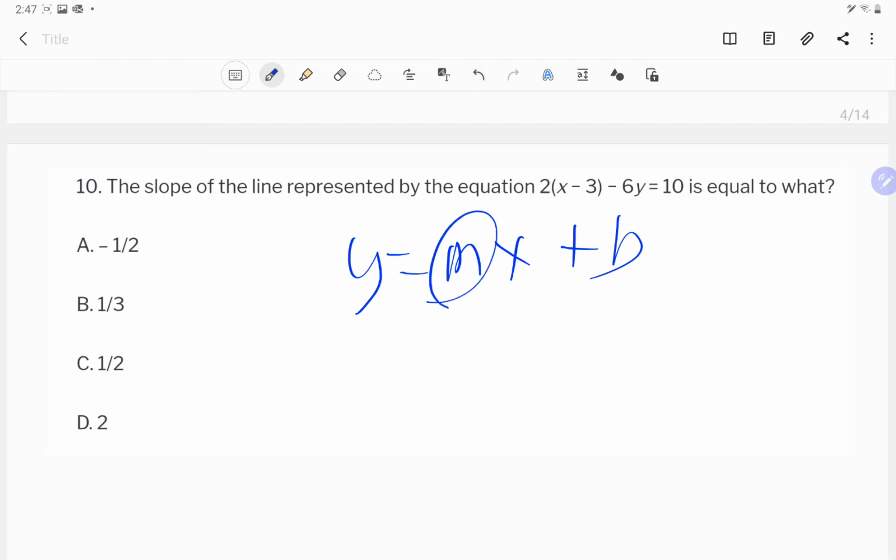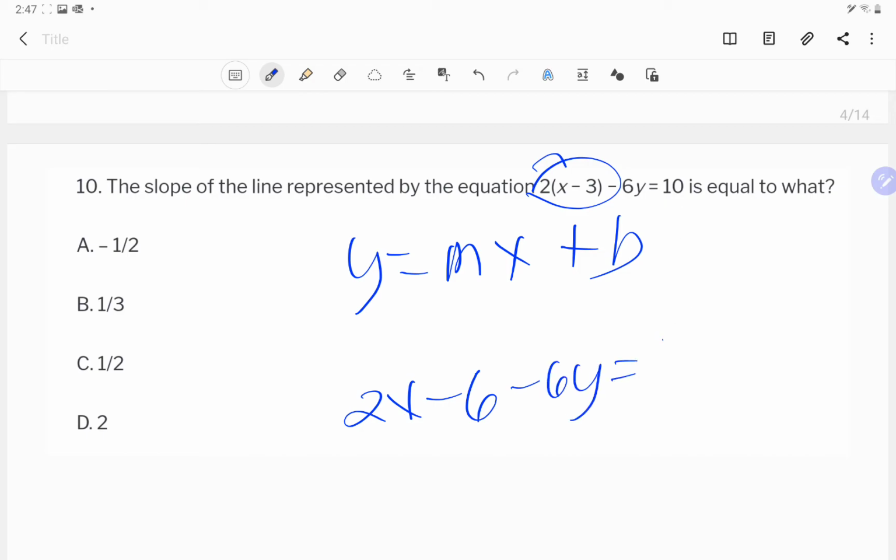So we're going to solve this in the slope-intercept form. First, we can use the distributive property. That means 2 times x is equal to 2x, 2 times negative 3 is equal to negative 6, and then we've got minus 6y here is equal to 10.